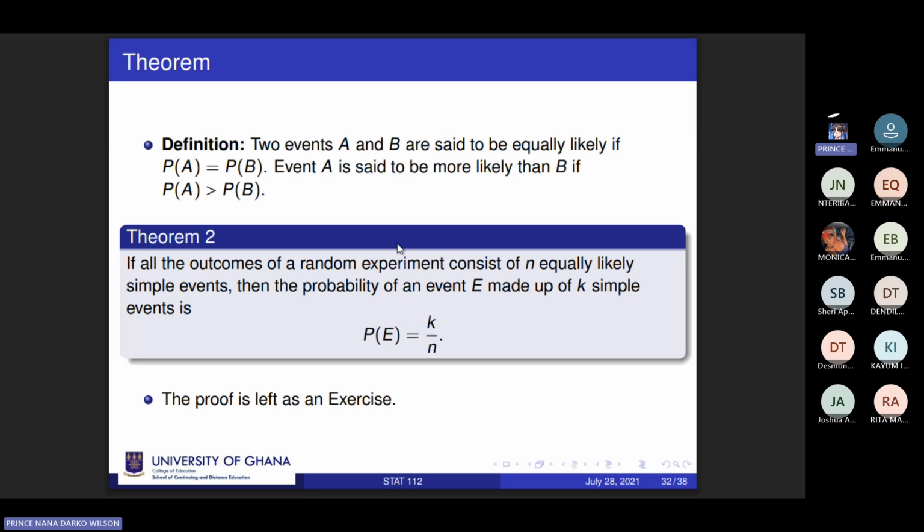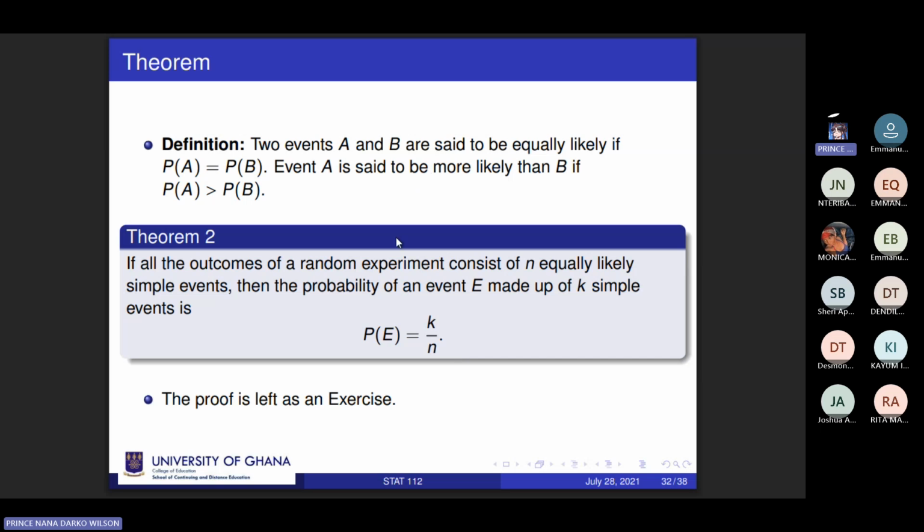So now it says if all the outcomes of a random experiment consist of n equally likely simple events, then the probability of an event E made up of k simple events is given as k over n. What this means is, just like the face of a die, we know that the probability of a 1 occurring is the same as that of a 2 occurring, the same as that of a 3 occurring, all the way to the end.